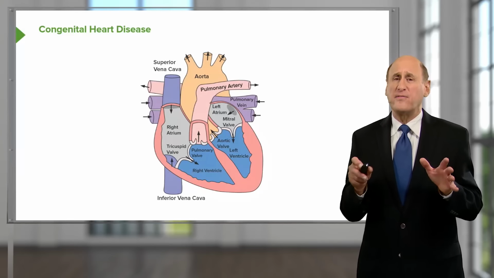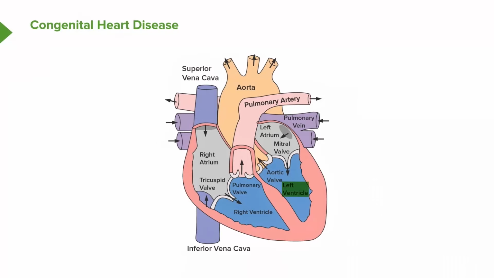Again, very briefly, let's review the anatomy. Remember, the left ventricle pumps out the aortic valve into the aorta. Circulation passes around through the tissues of the body, comes back through the large veins to the right atrium, passes into the right ventricle, out the pulmonary artery, back to the left atrium, back to the left ventricle.